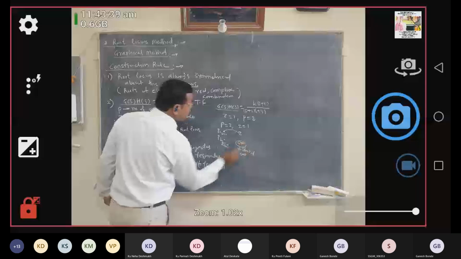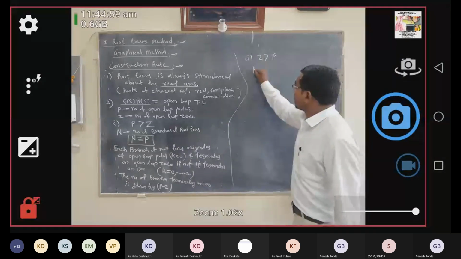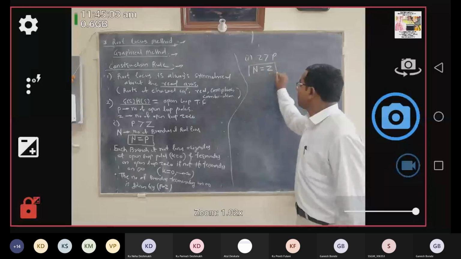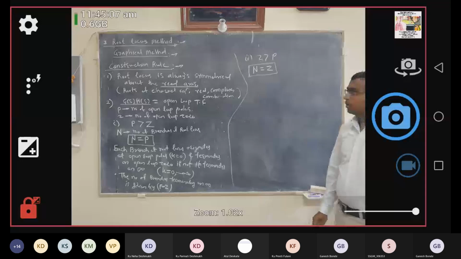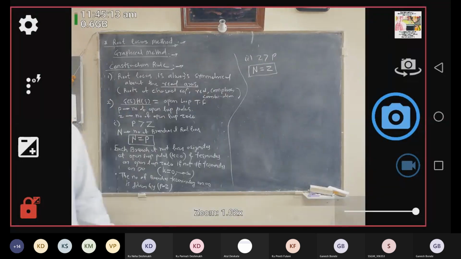Similarly, you can analyze the second case, Z greater than P. There may be a possibility that the number of zeros is greater than the number of poles sometimes. In this case we have to find the number of branches N. Here capital N is equal to the total number of zeros in the system when Z is greater than P. We know that each branch starts at poles and terminates at zeros.